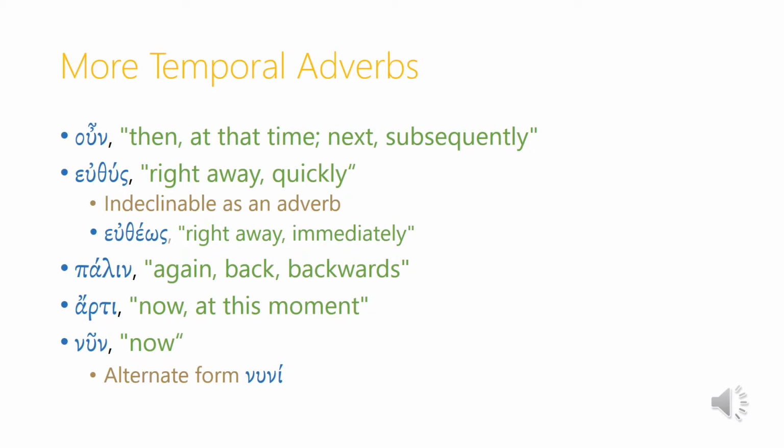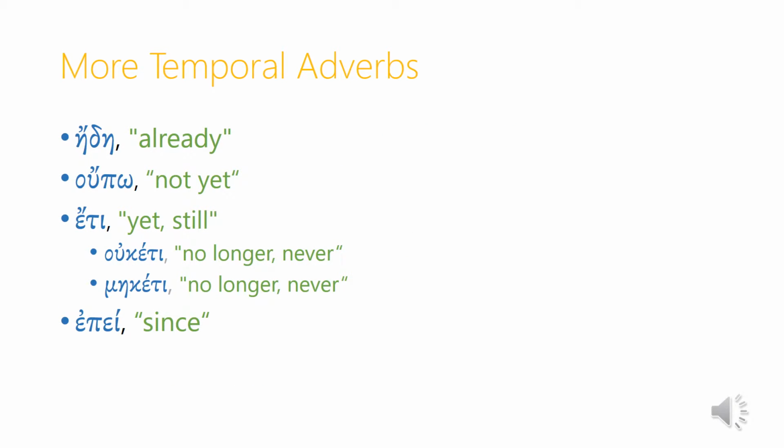Palin means again, or back, or backwards. Arti means now, at this moment, and nun really is synonymous with arti, and it also means now. The adverb ede means already. Oupo is kind of the opposite. It means not yet.